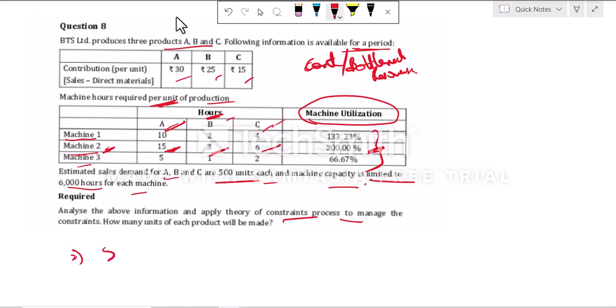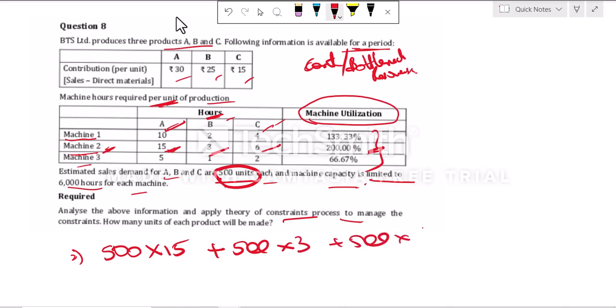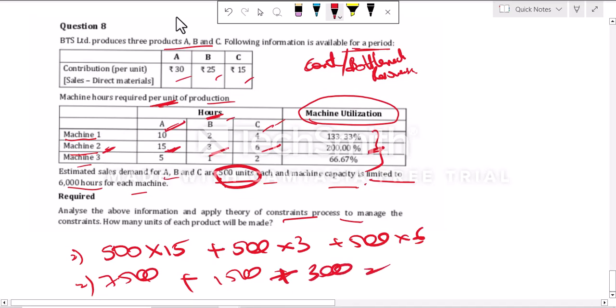So if they need 500 units of A, which requires 15 hours, plus 500 units of B, each unit requires 3 hours, plus 500 into 6. 500 into 15 equal to 7500, plus 500 into 3 equal to 1500, 500 into 6 equal to 3000. 12,000 they need.